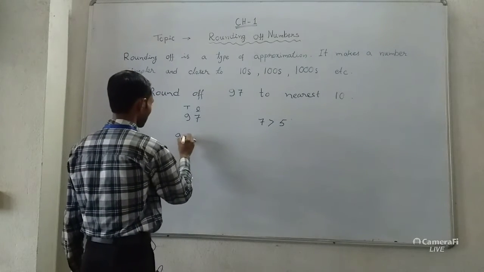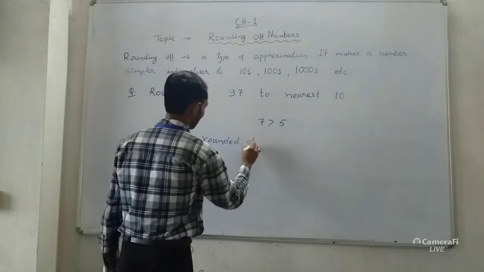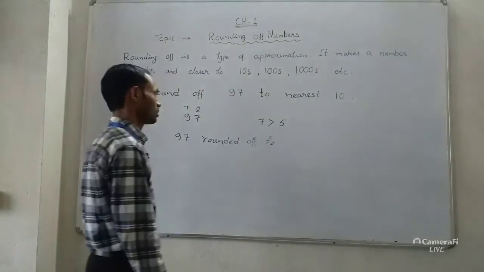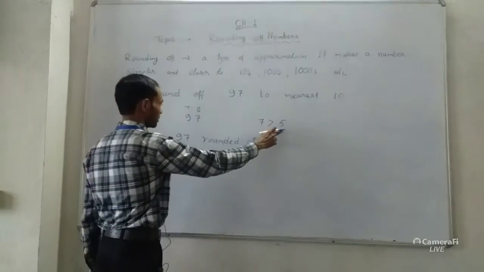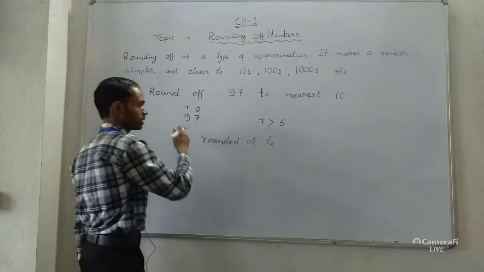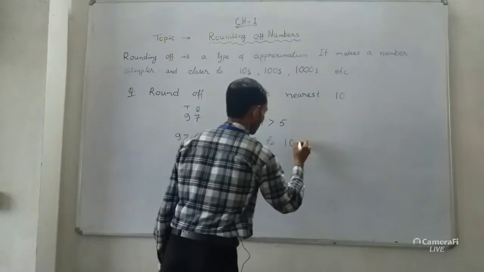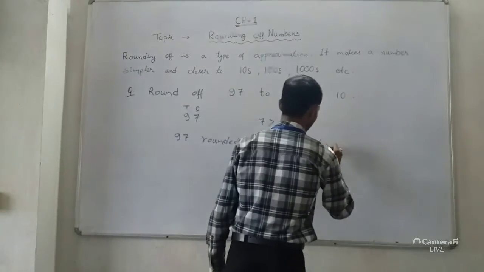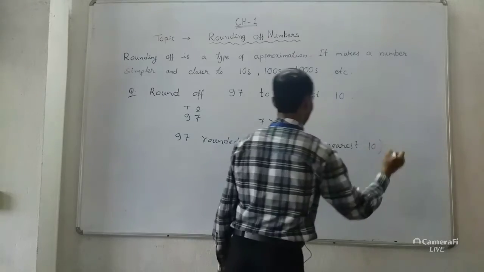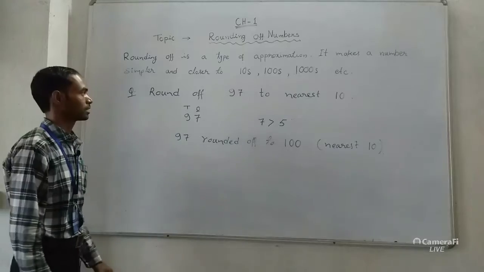So 97 rounded off to... as the ones place digit is greater than 5, the 10 place digit will increase by 1. So 9 plus 1 becomes 10 and the ones place digit 0. So 100 becomes nearest 10. So 97 becomes 100.